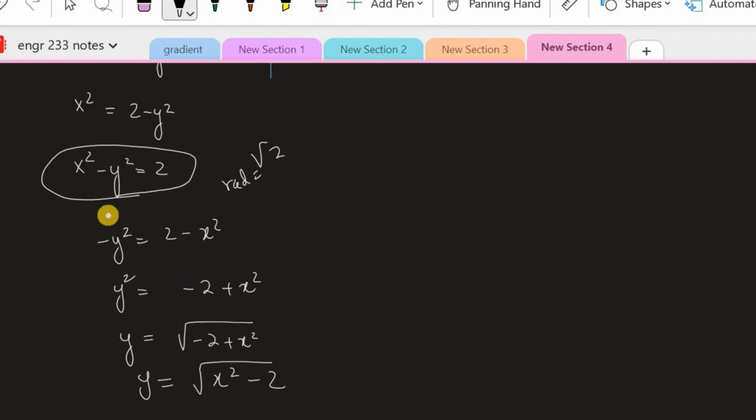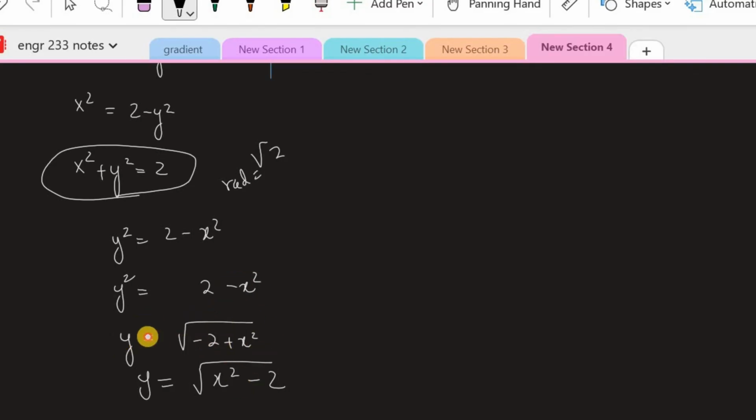Oh wait, I have just realized I made a little mistake over here. This was negative y squared, so if you move that to the other side, this has to be a positive y squared. Then this is going to make an equation of a circle. I'm so sorry for that. So this is positive y squared, so you don't have to change the signs. So no changing of sign, so 2 minus y squared.